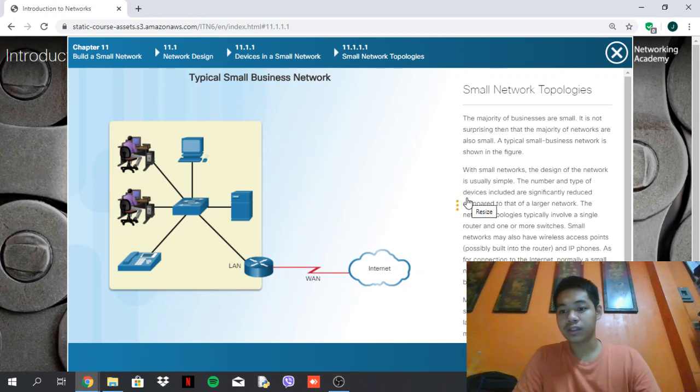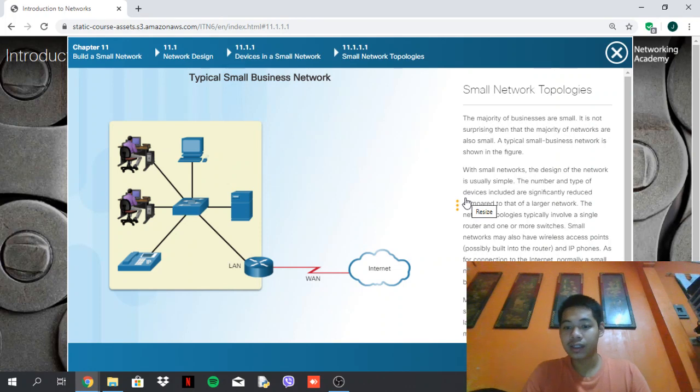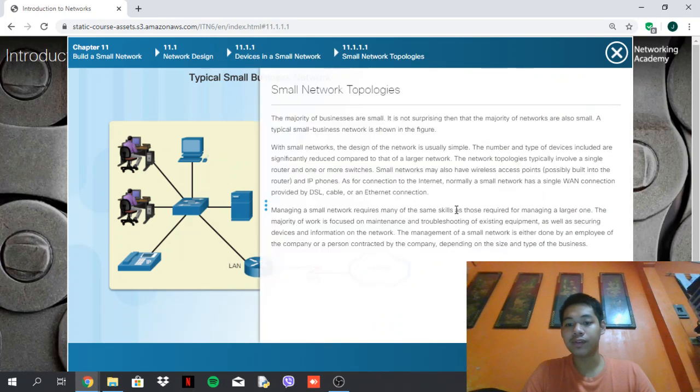A small network is usually designed to be simple, and the number and type of devices included are significantly reduced compared to a larger network.